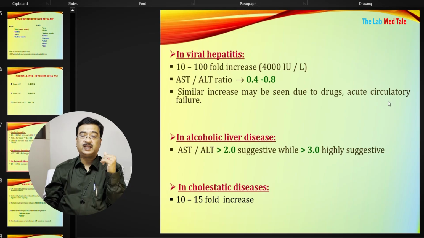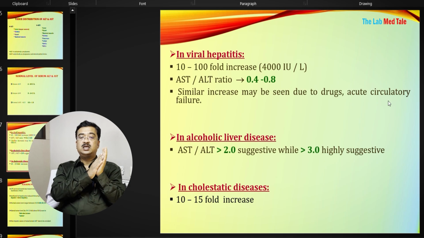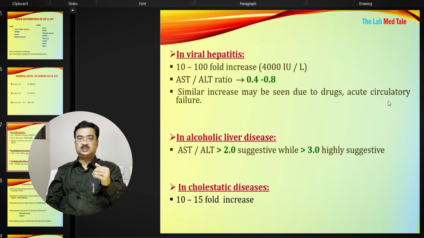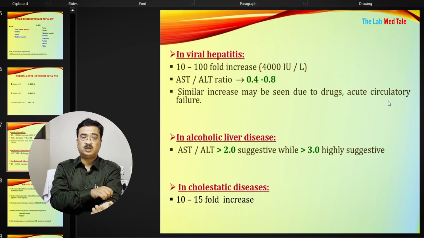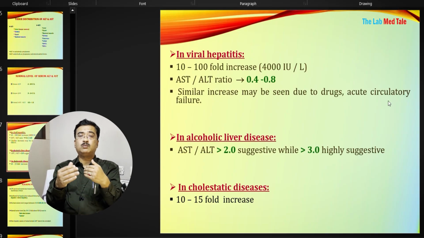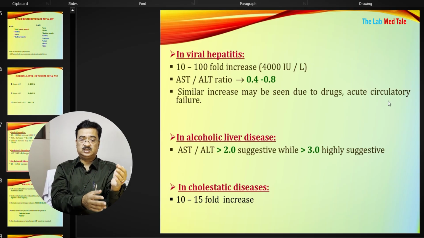What happens in viral hepatitis? You will expect a 10 to 100-fold rise of the enzymes, but in viral hepatitis, ALT is much more raised than AST. So the AST-ALT ratio can go as low as 1/4, because ALT, being more sensitive in viral hepatitis, is released into the blood much more than AST.